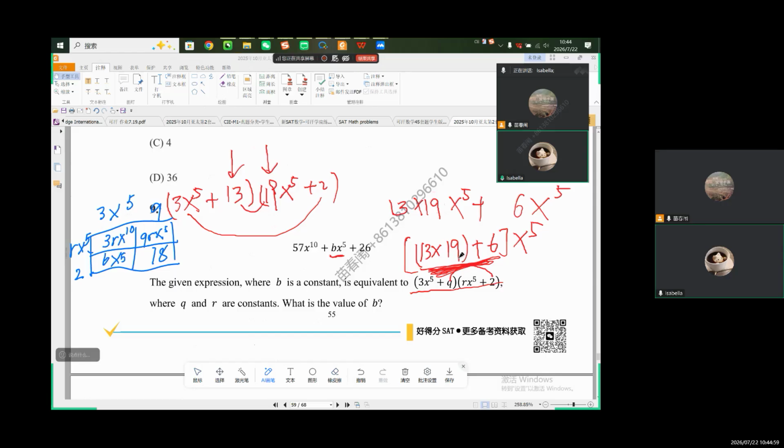I don't think it would be like 13 times 19. It's not 13? Where are we getting the 13 from?